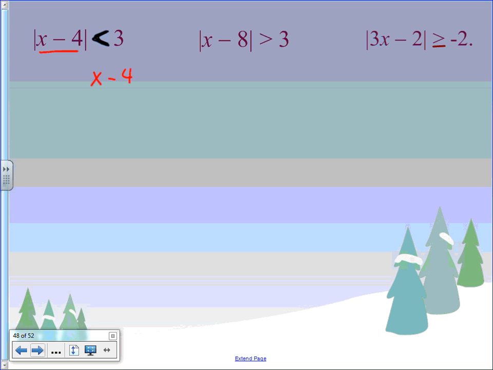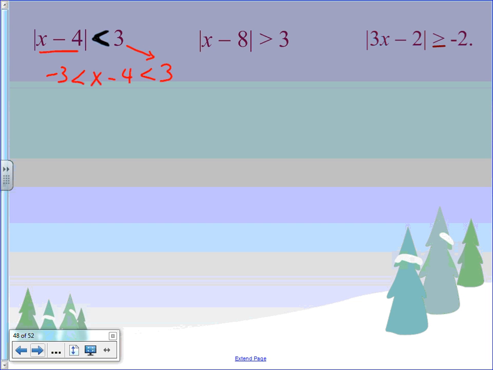Notice I moved over a little bit because that expression is going to be between, see I put the two symbols, a less than on the left and a less than on the right. It's going to be between the number 3 and its opposite. See, that says less than 3, so the 3 comes over here, and the opposite of 3 is less than that.